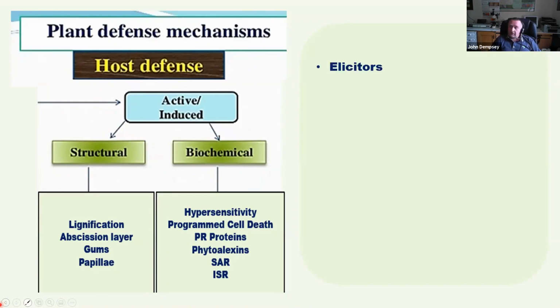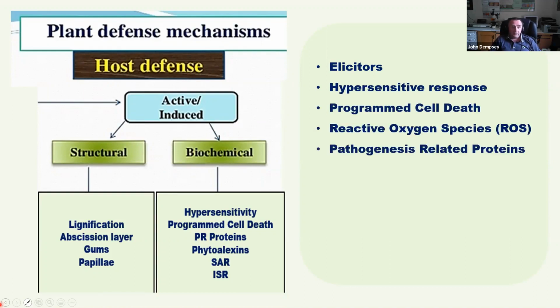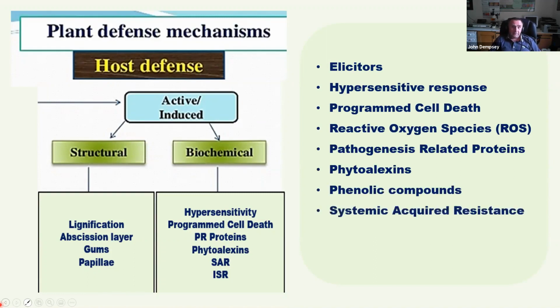It involves things like elicitors, the hypersensitive response, programmed cell death, reactive oxygen species, pathogenesis-related proteins, phytoalexins, phenolic compounds, systemic acquired resistance, induced systemic resistance. Don't let that put you off. This is quite straightforward enough once we get through it. That's all the stuff that's involved in these induced defense mechanisms in plants.